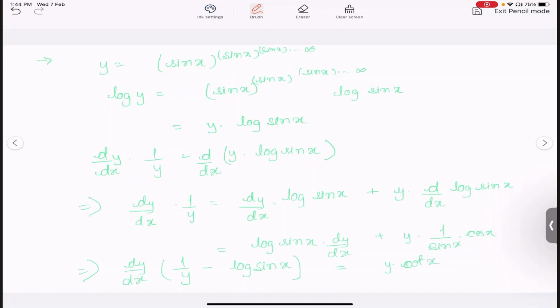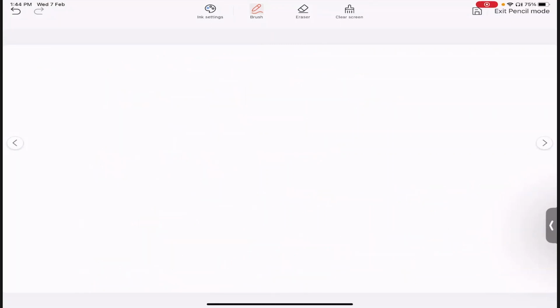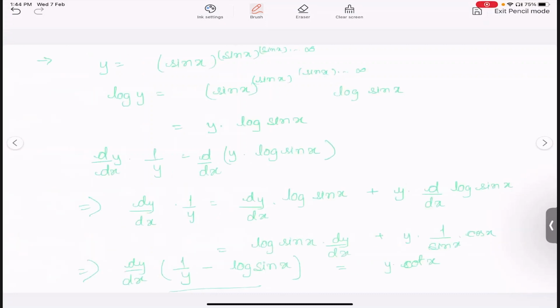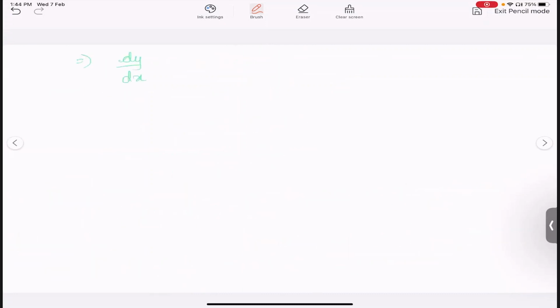Now the next thing is we'll simplify this term, then we'll put it on the other side. So this implies dy by dx times (1 minus y times log of sine x) by y will be equal to y times cot x.